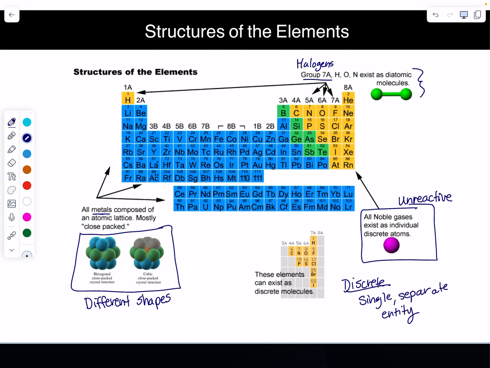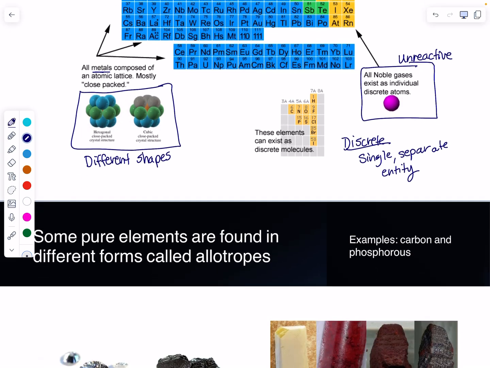All right. So I said that oxygen can exist in a couple of forms, and we call those forms allotropes. We're now going to look at a couple of other allotropes.